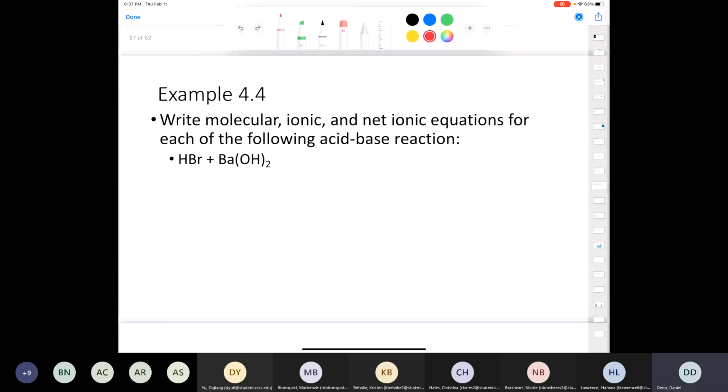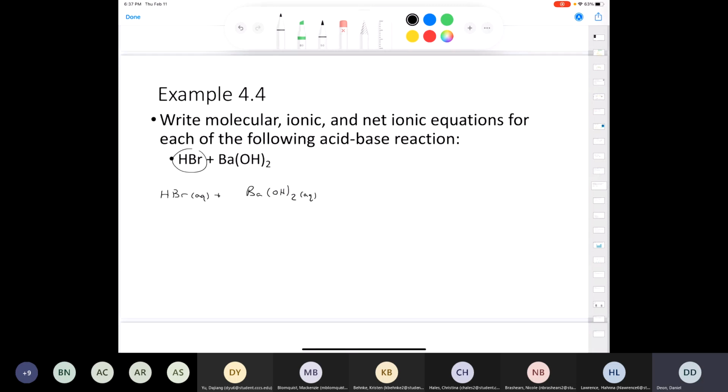Let's try an example. It's the best way to practice this. I want you guys to take a few minutes and try to write the molecular, ionic, and net ionic equations for the following acid-base reaction: HBr plus barium hydroxide. We're going to make the assumption that the HBr is aqueous and the barium hydroxide is aqueous.